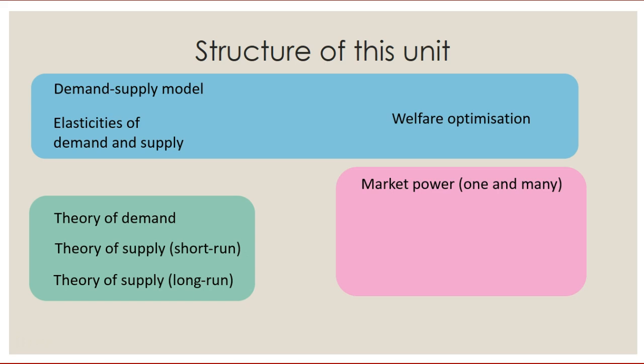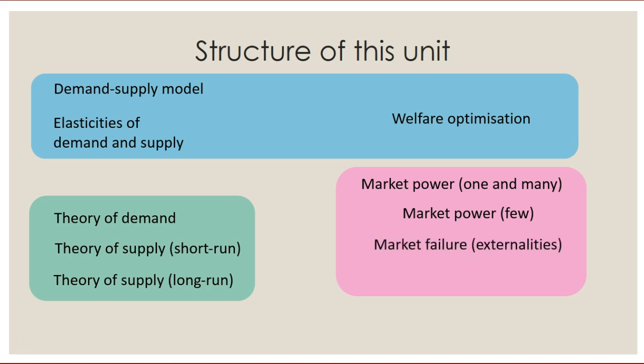So after doing the background, we'll then go on to look at market power in situations where there's only one firm in the market, and market power in which there are many firms in the market. Then we'll go on to look at situations where we have markets in which firms have market power, but there are only a few firms present in the market.